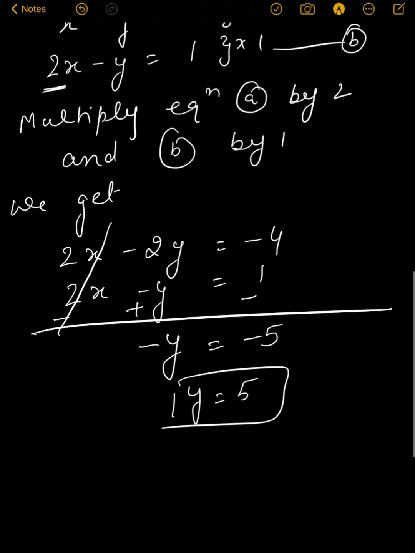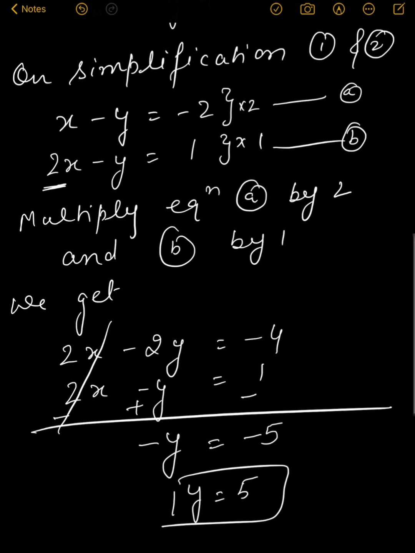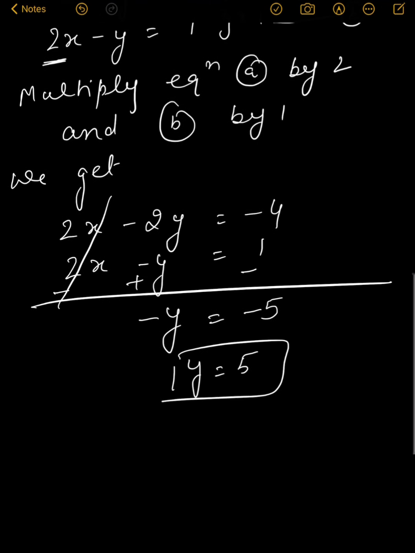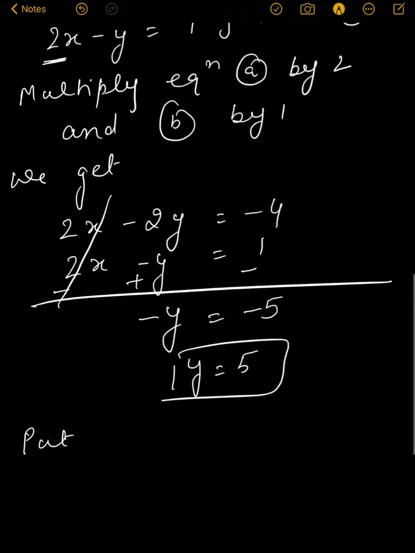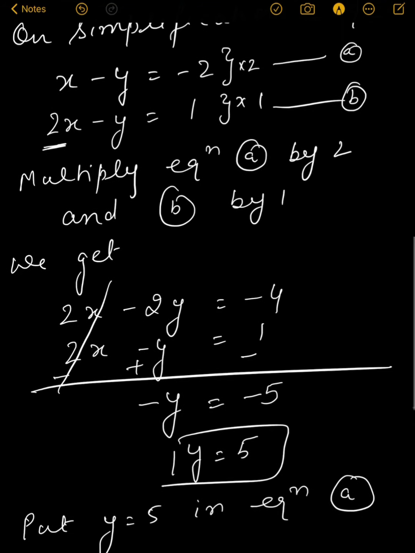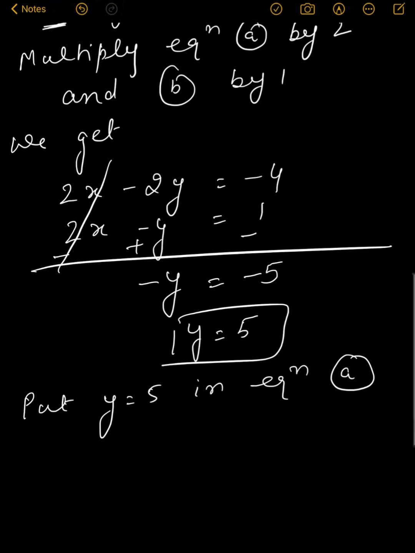Now we have to substitute this value of y in either equation A or B. Put y is equal to 5 in equation A. So x minus y is equal to minus 2, x minus 5 is equal to minus 2. So x is equal to minus 2 plus 5, this is 3. So x is equal to 3.